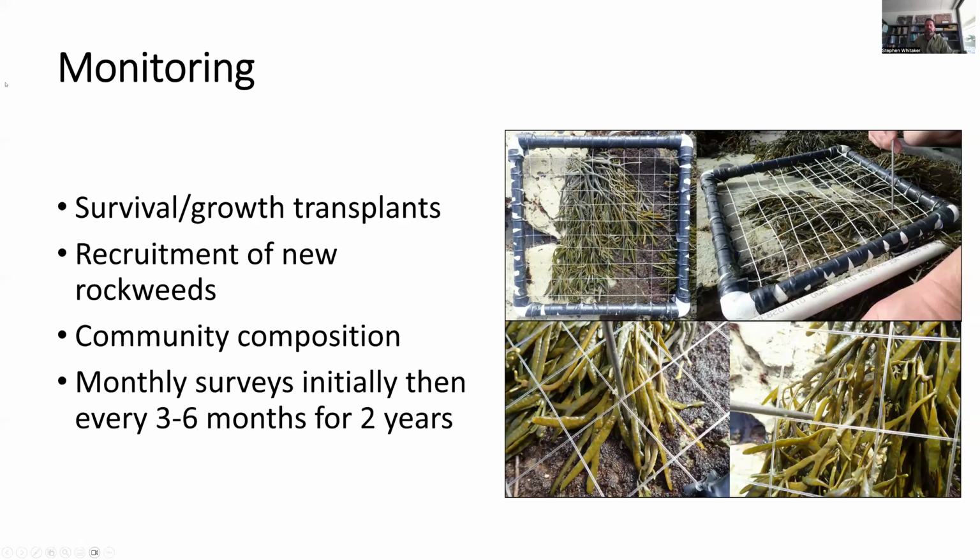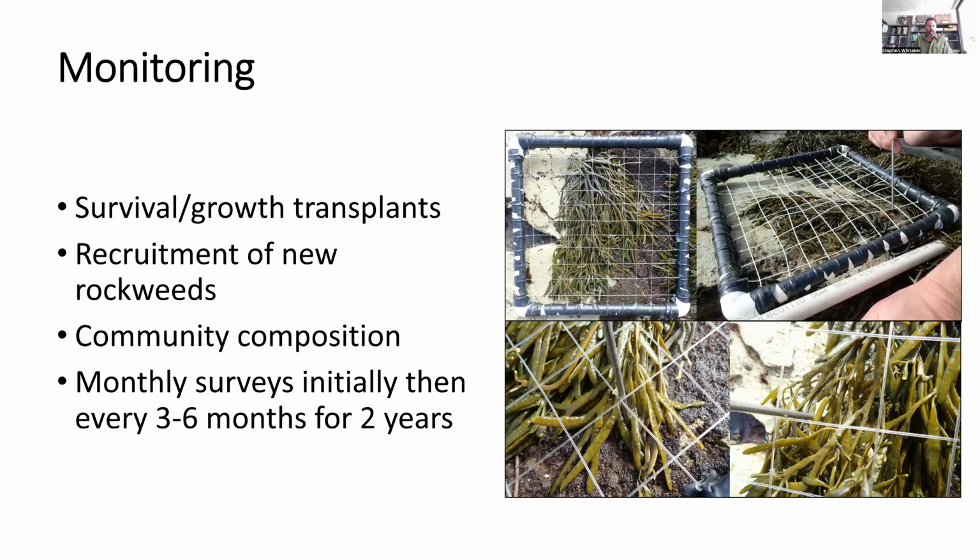For the monitoring, we set up restoration plots at most of the restoration sites within zones where natural rockweeds were present, or at the tidal levels where Silvetia should be present, because at some of our sites we did not have any Silvetia left to give us an indication of where to put our restoration plots.